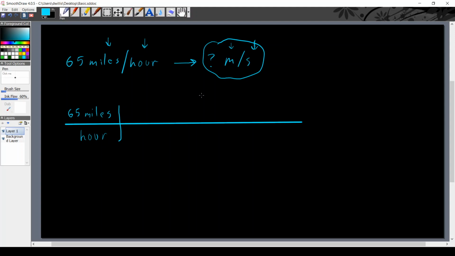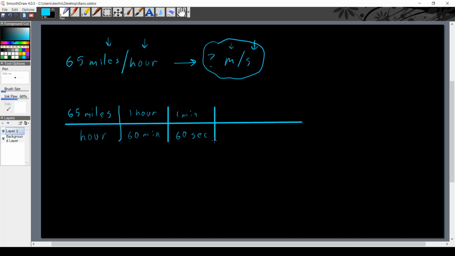Okay, now it doesn't actually matter which one I do first. I think that just for fun I'll do seconds first. So that means that I need to take hours, and since hours is underneath in the denominator, I will need to put its conversion factor up here. 1 hour into 60 minutes, and then 1 minute and 60 seconds.